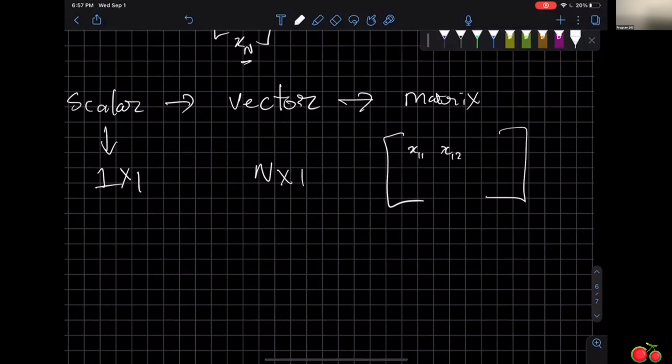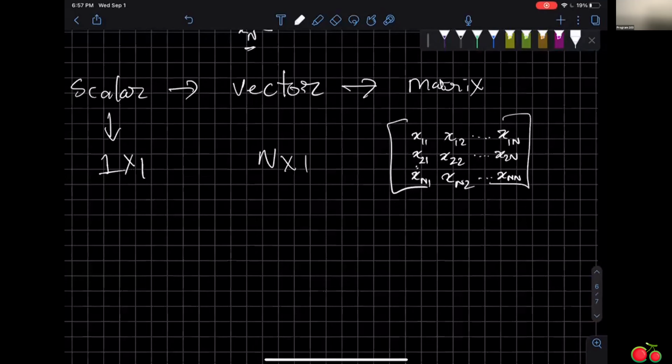So you're going to have something like this: x11, dot, dot, dot, x1n, x21, x22, x2n, and then dot, dot, dot, xn1, xn2, xnn.